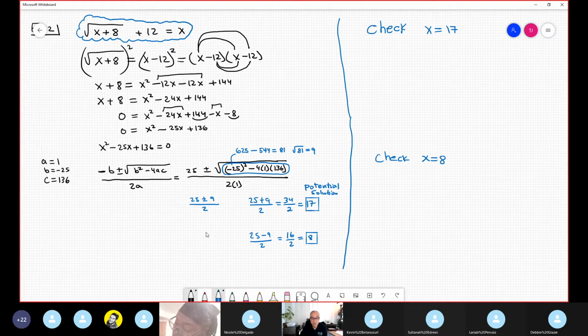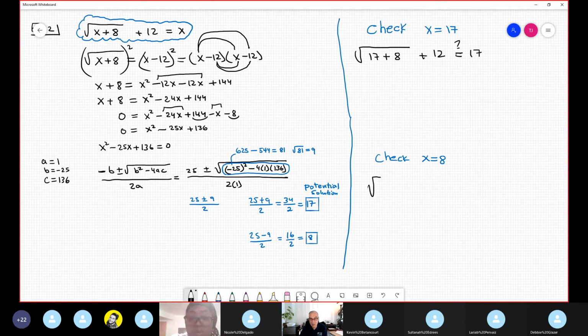17 first. In the square root, you replace x with 17. 17 plus 8 inside the radical plus 12 outside the radical should be 17. I claim that because I am not sure that this statement is true.